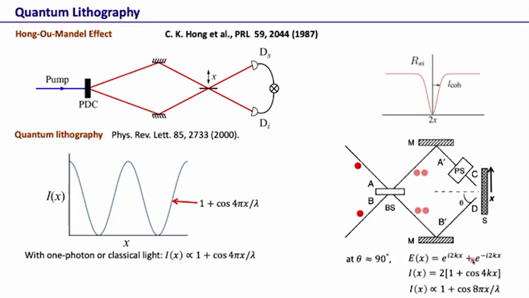So in this case, what's the intensity, or rather the coincidence intensity? In this case, the field amplitude can be written, I mean, this is actually applicable for the wave function, but I'm just using the same notations as we use for the classical fields here. So this is e to the i twice kx, because now we have two photons, e to the minus i twice kx, and then we get the intensity as 1 plus cosine 4kx.